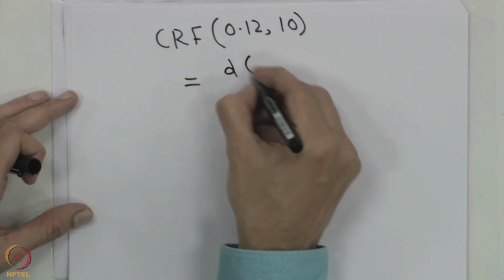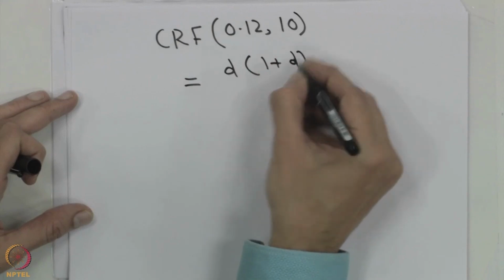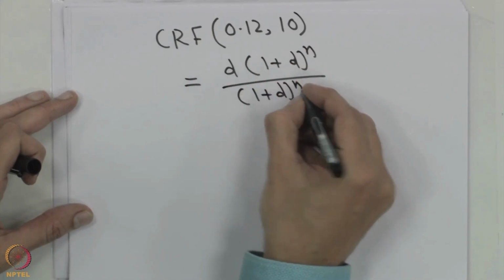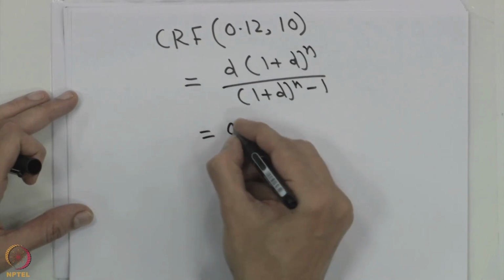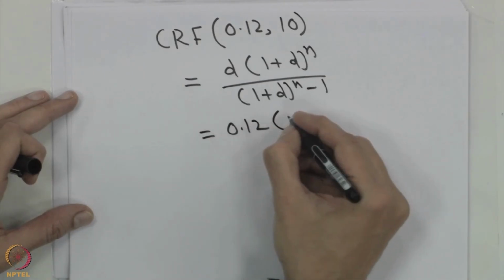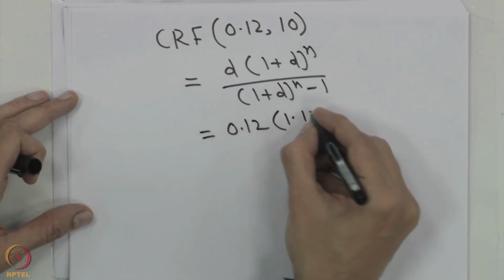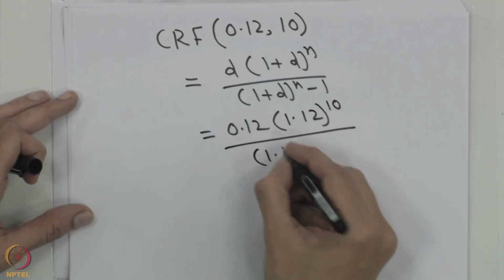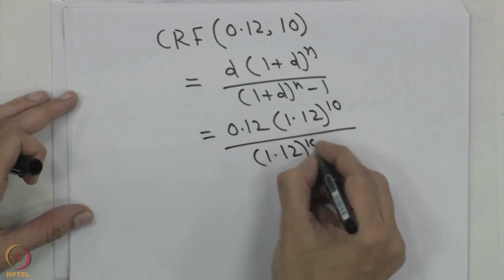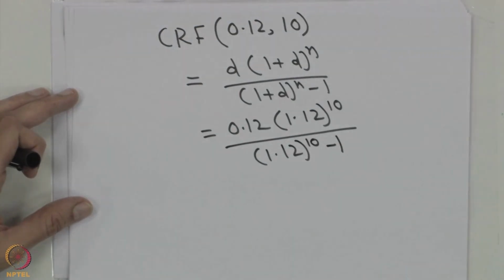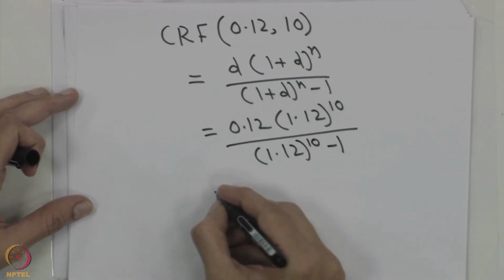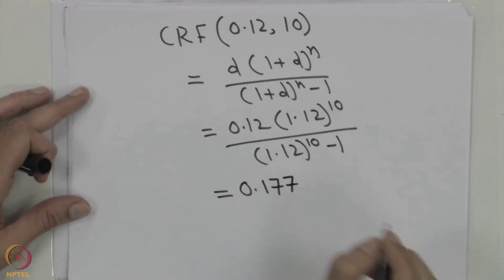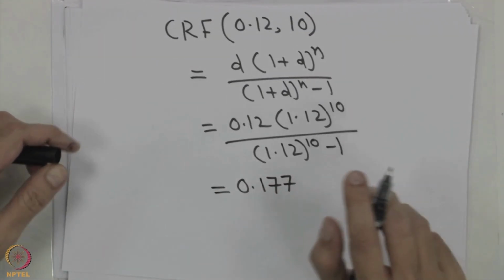This is d(1 + d)^n / ((1 + d)^n - 1) = 0.12 × 1.12^10 / (1.12^10 - 1). You can substitute these values and you will find that this comes out to be 0.177. So, the question is, what does this signify?